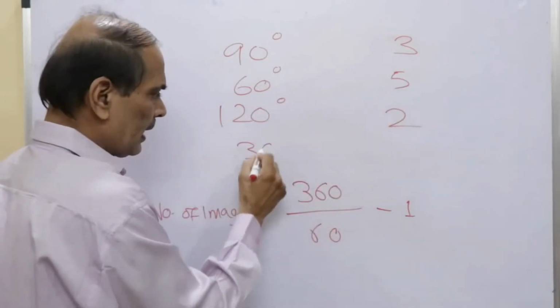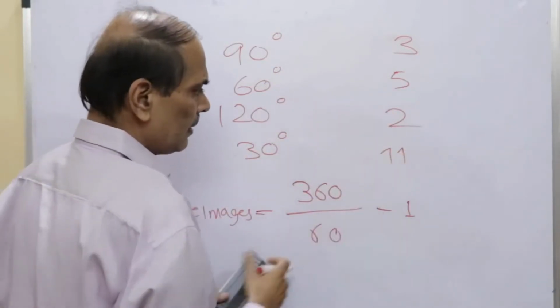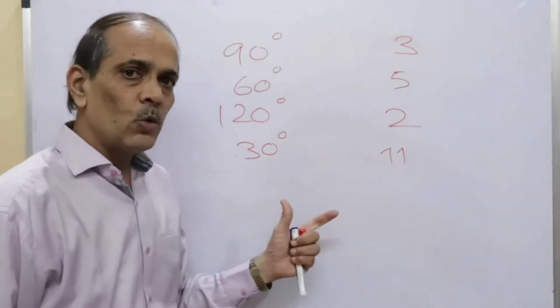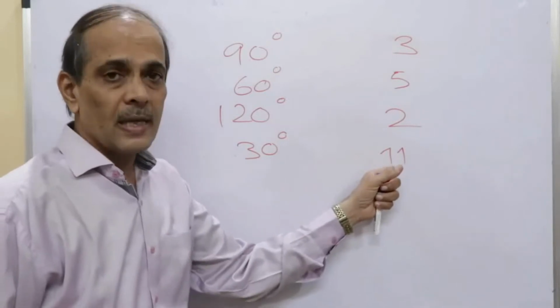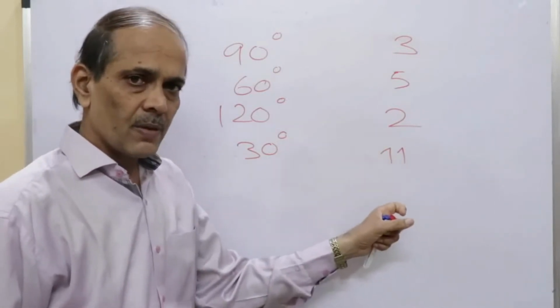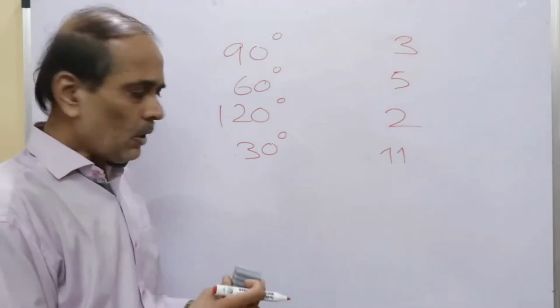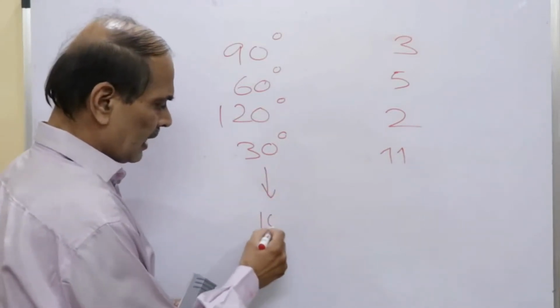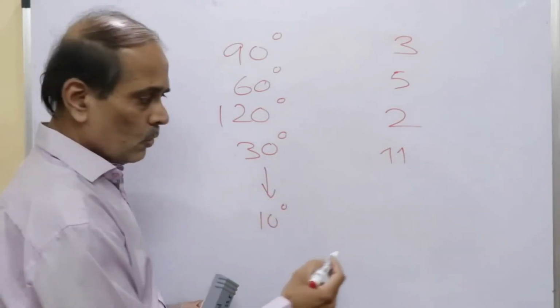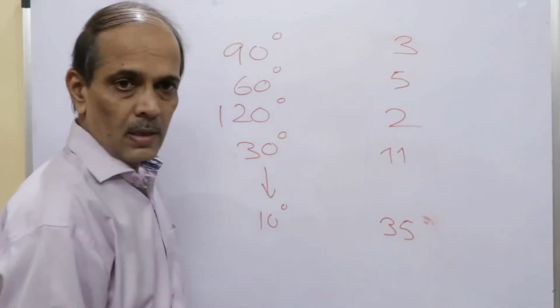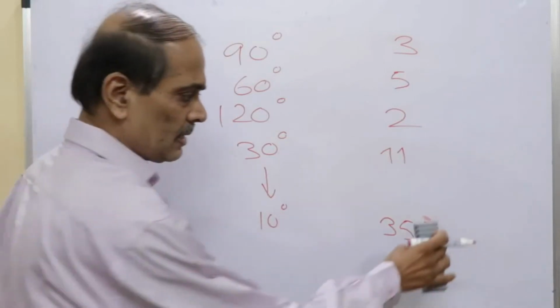If you go for 30 degrees, it will be 11. That means as you keep reducing the angle between two mirrors, the number of images formed is increasing. If you continue this logic further, 10 degrees and so on, you will get multiple images, like 35 images for 10 degrees.